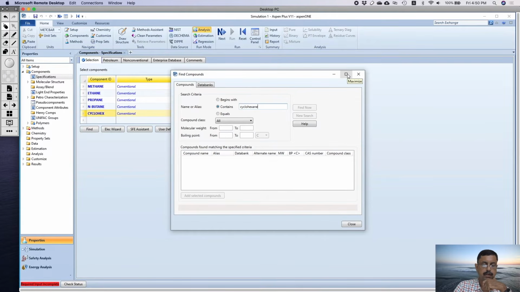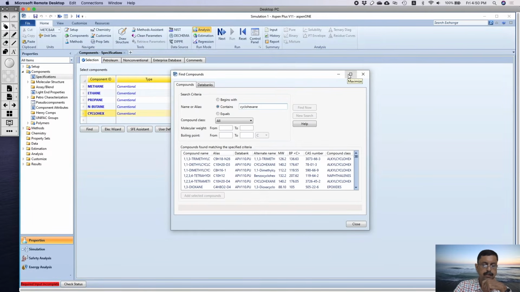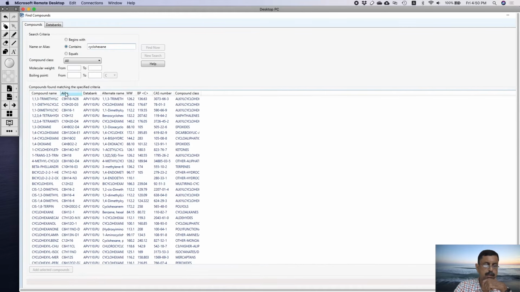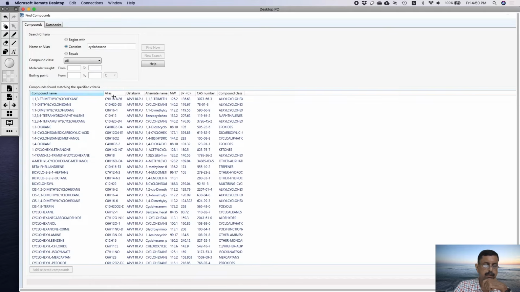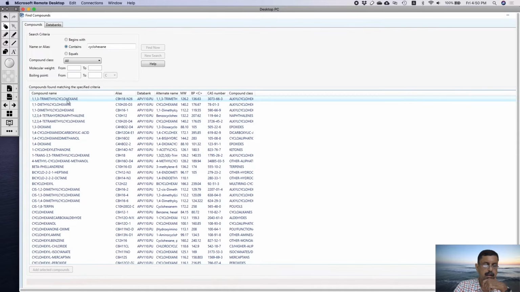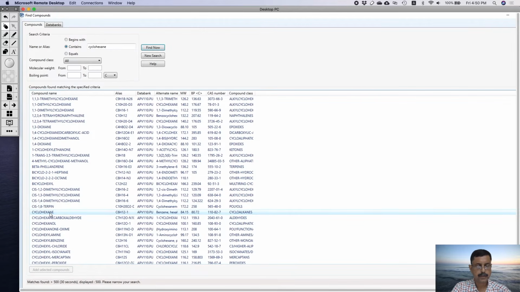Yes, now it has searched so many items which are similar to the term cyclohexane that we have written. Now this is the one which we are looking for, C6H12.